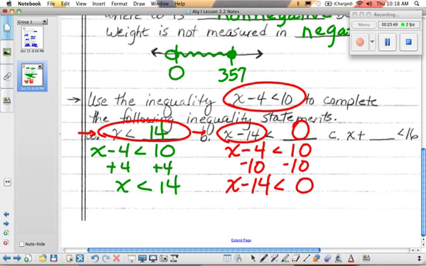That's the solution set. So when we solve our x minus 4 is less than 10, we would get x is less than 14. If we solve x minus 14 is less than 0, we would get x is less than 14. Okay, well now that you maybe get a better picture of it, go ahead and try C on your own. This is the most challenging of the 3. You can get C to work out.